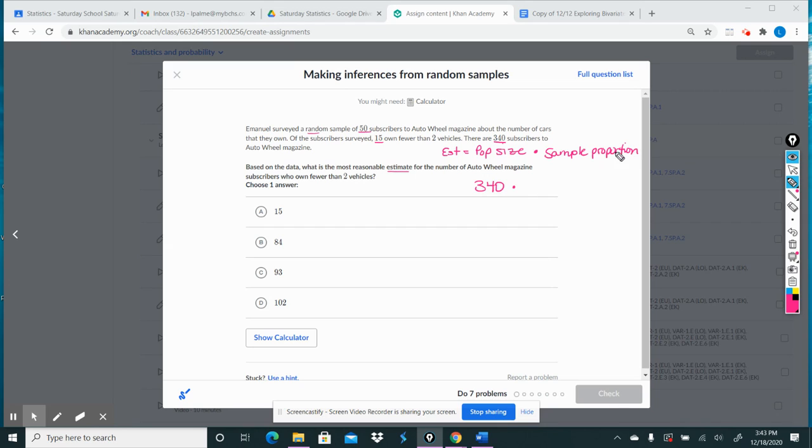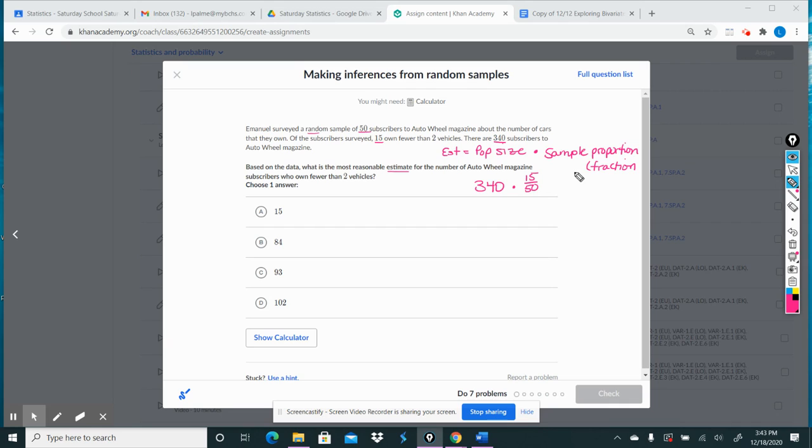And our sample proportion, remember a proportion is your fraction. Our fraction would be the subscribers surveyed, 15 of them out of that random sample. So 15 over 50.